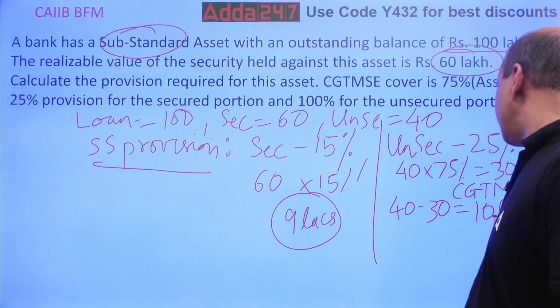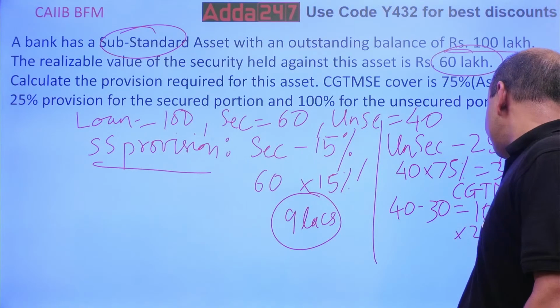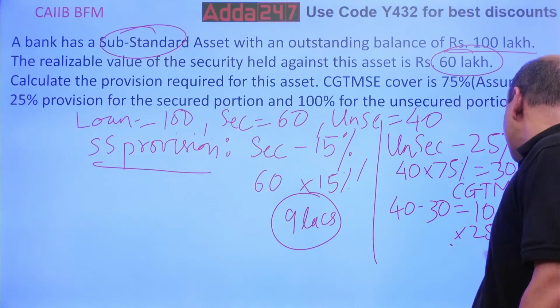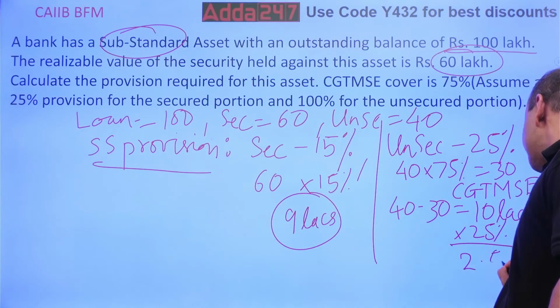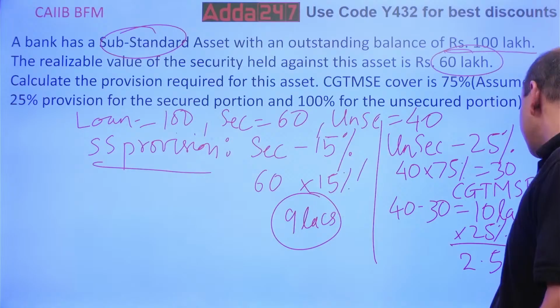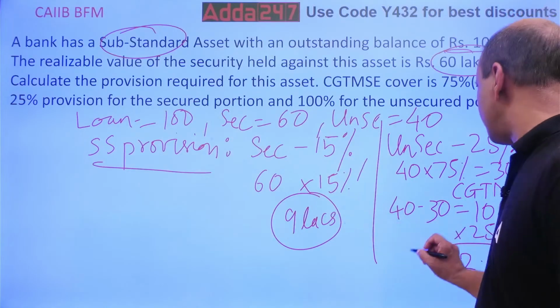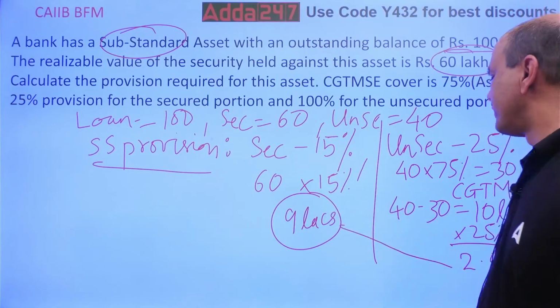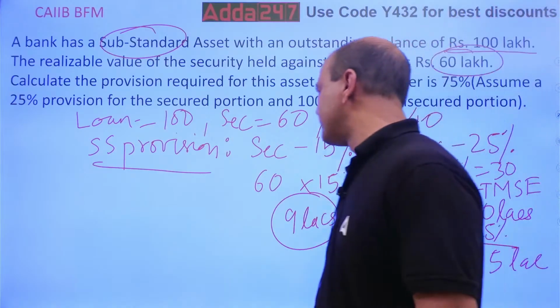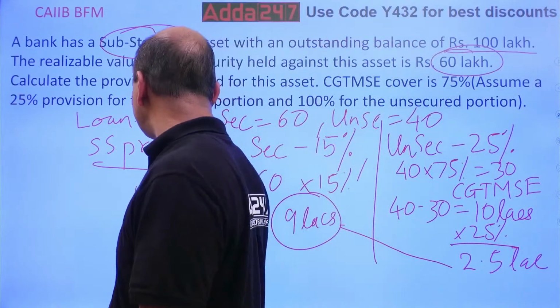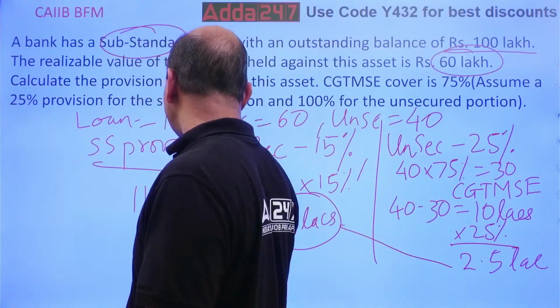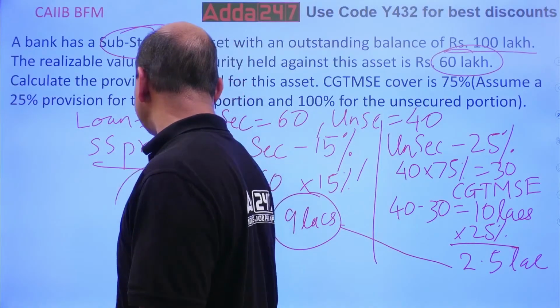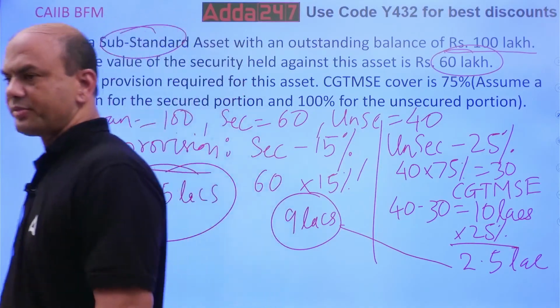So 10 lakhs into 25% is equal to 2.5 lakhs. So what is my total provision? 9 plus 2.5, so net total provisioning is 11.5 lakhs.